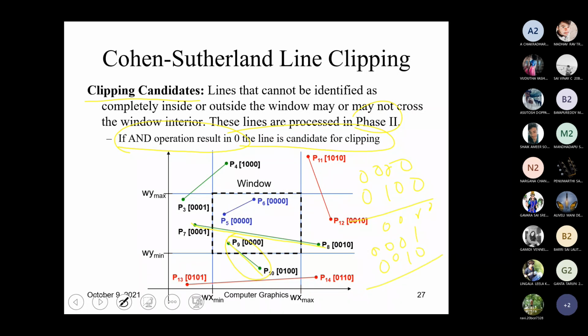What will you get? All the values are 0, right? So even this line you should consider for clipping. Understood? Next take this line: 0 0 0 1 and 1 0 0 0. Even here all the values are 0, so even this case you should consider for clipping. Did you understand?